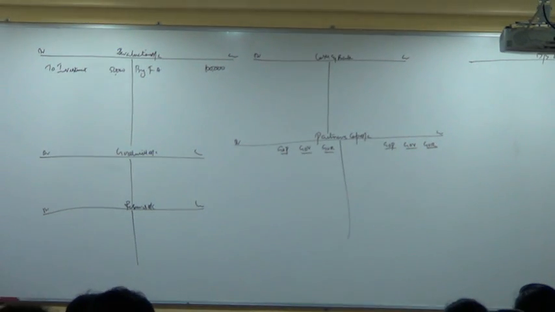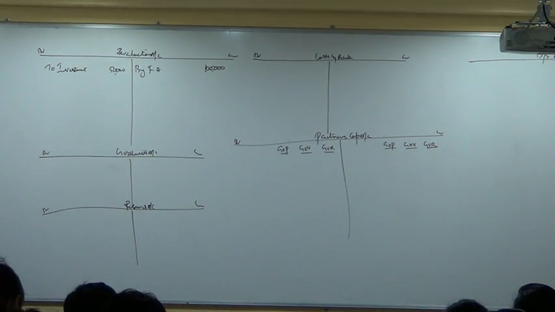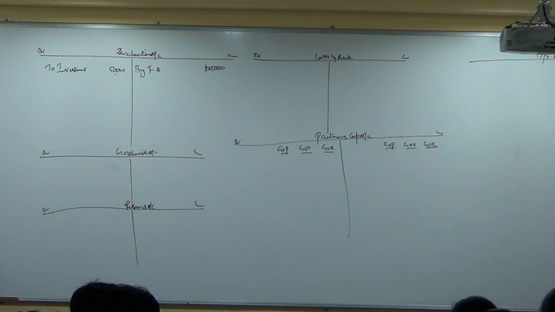Next. Current assets. Balance sheet value is 2 lakh. Now we want to revalue it to 1,80,000. It has to be revalued downwards.